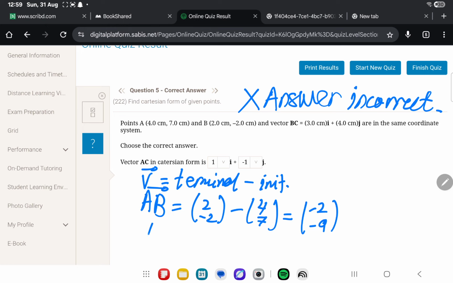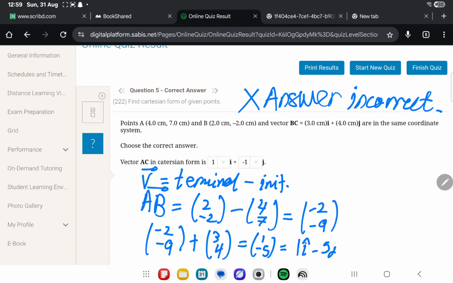Now we have vector AB. So we're going to add this: (-2, -9) plus BC, which is (3, 4), gives me (1, -5). So the correct answer is actually 1i minus 5j.